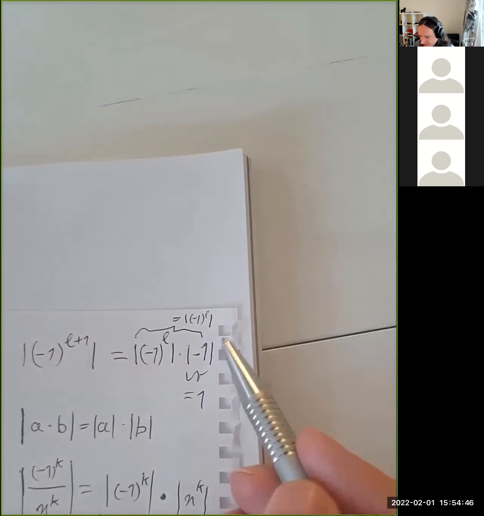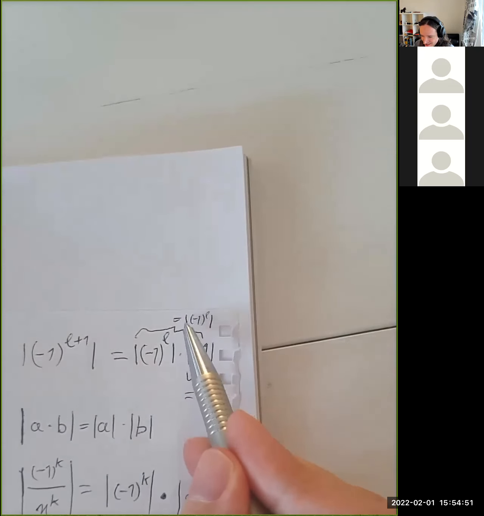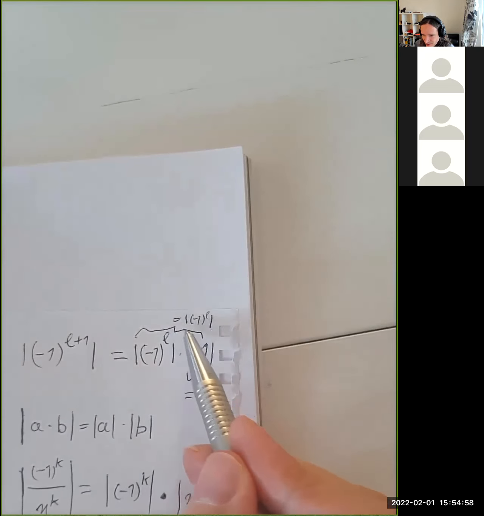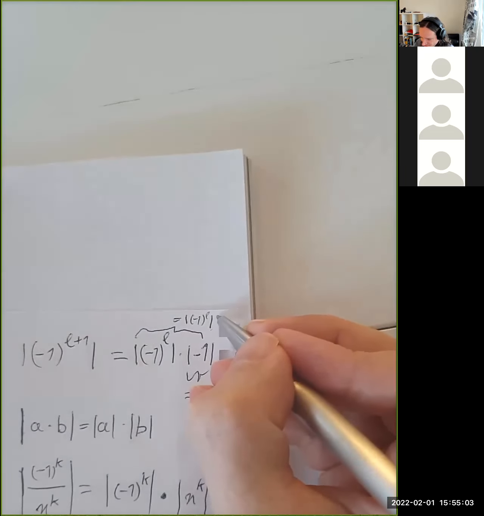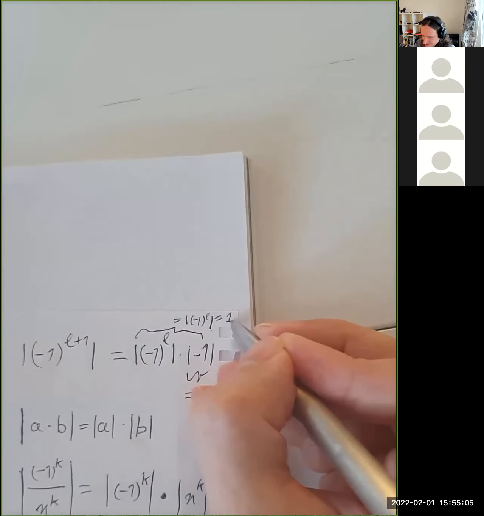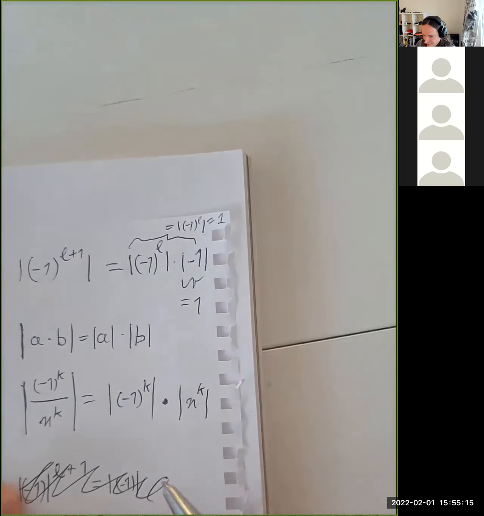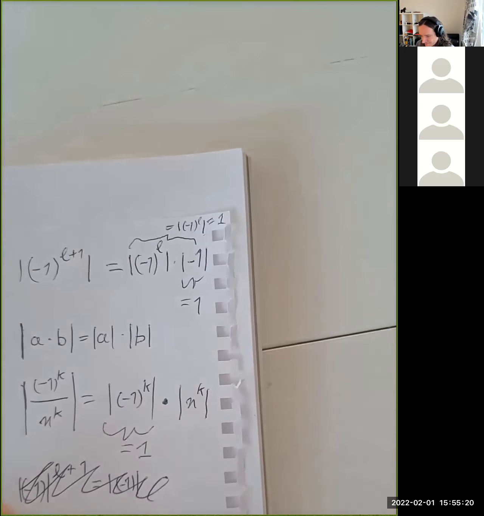Okay, and then we can recurse or induct on the smaller cases and see that this whole thing is always 1. We can go down to 0 where it's obvious, or even it's obvious starting with 1, I don't know. Yeah, so this is always 1, and that's something we can then use here.